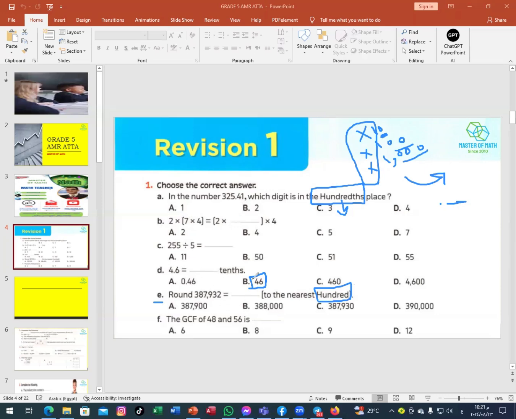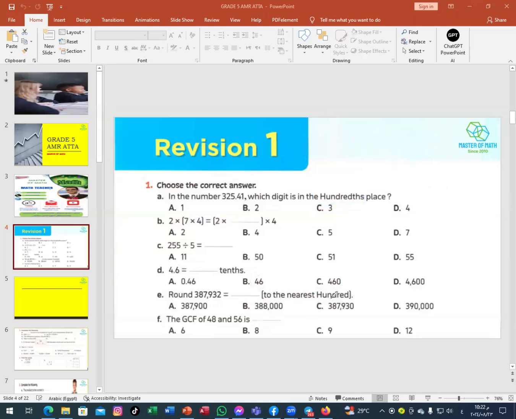Here we don't have any decimal, so 2 is in ones, 3 in tens, 9 in hundreds, and 7 in thousands, 8 in ten thousands. Hundred is on the whole number side, and hundredths is on the decimal side.